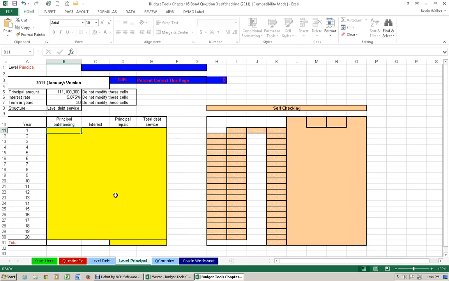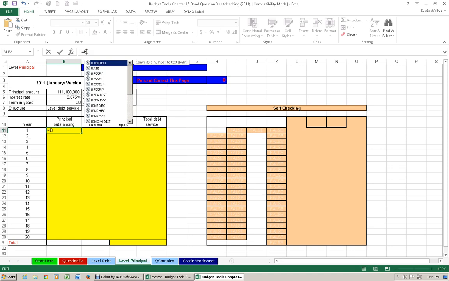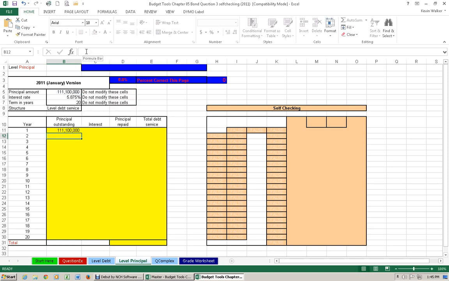So here, rather than put 111,100,000, we'll just put in that this is equal to cell B5, which is the cell that has that value in it. So now, if you change this, this would automatically change.